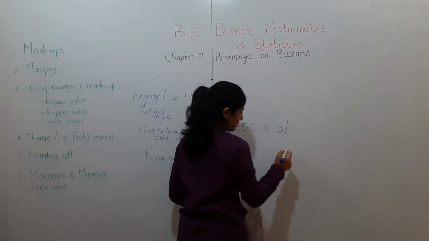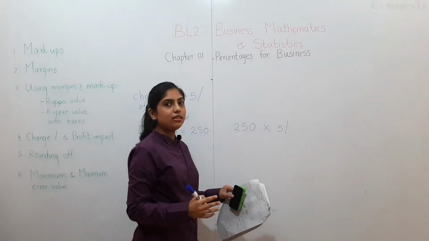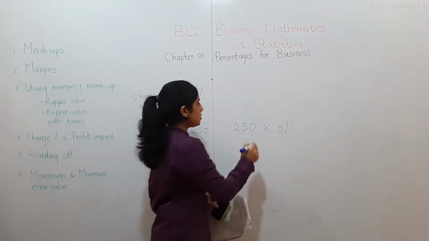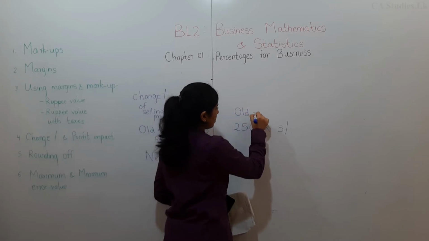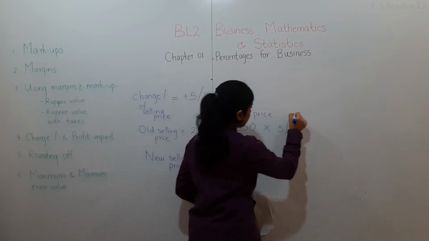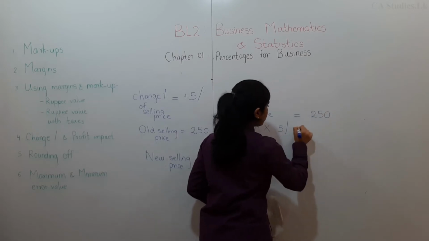Now I'm going to say the general way and then I will say the easy way. The general way: your old price, you will write it here, it is 250, and the change is 5%.